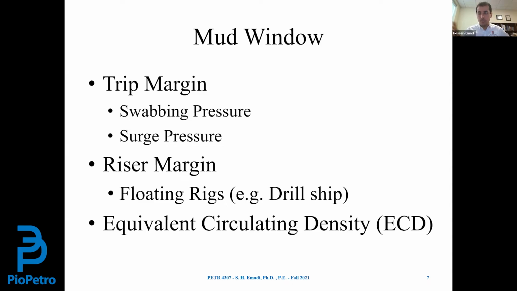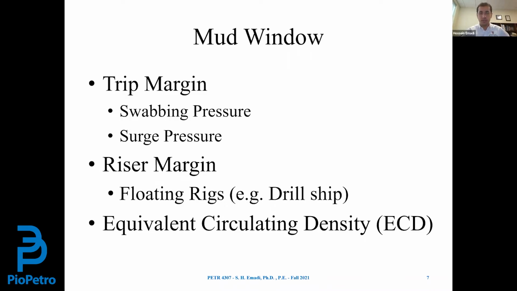And we need to do the calculation if we want to calculate the actual swabbing or surging pressure. What if we are doing the calculation for floating rigs like drill ships or semi-submersible drilling rigs?